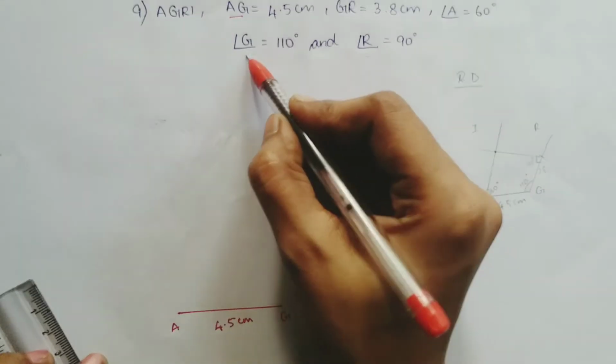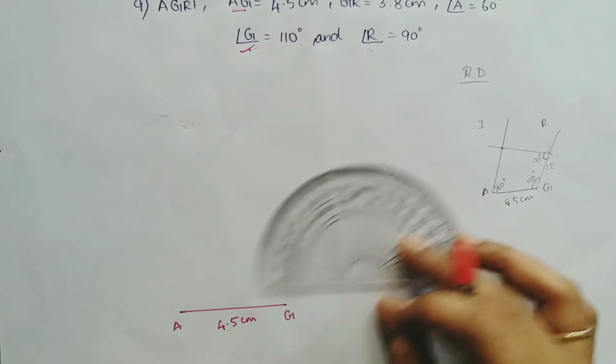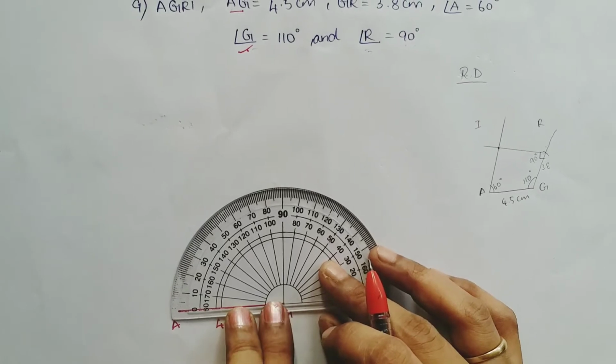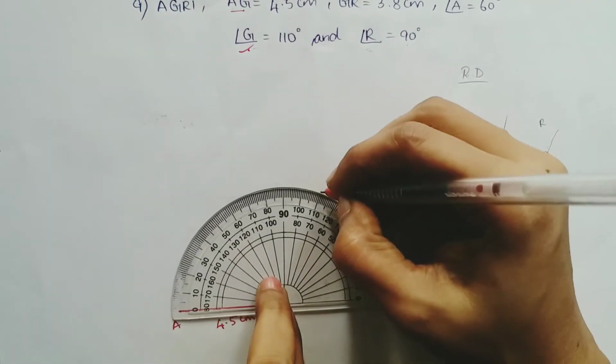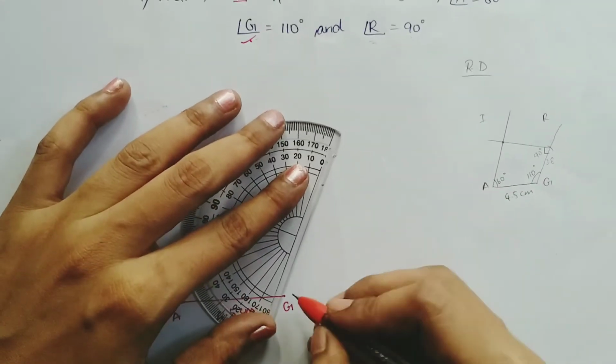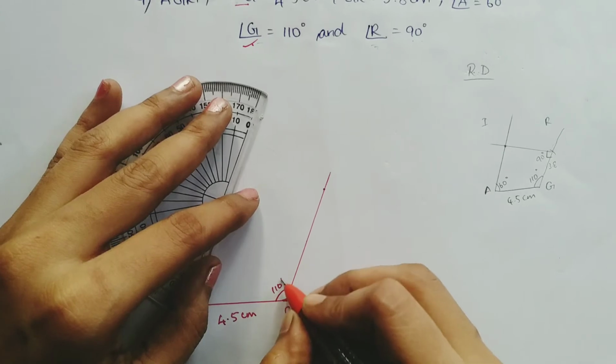Next, angle G is 110 degree. So you have to take your protractor and keep it on G and mark 110 degrees. Then I am going to draw a line and mark it as 110 degree.